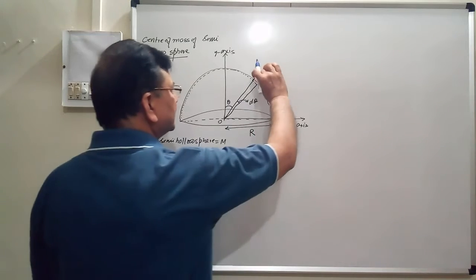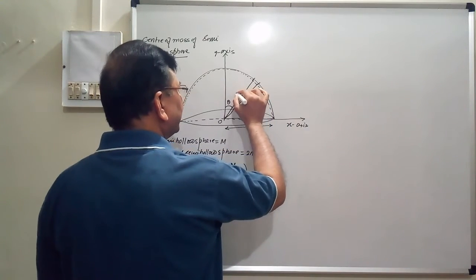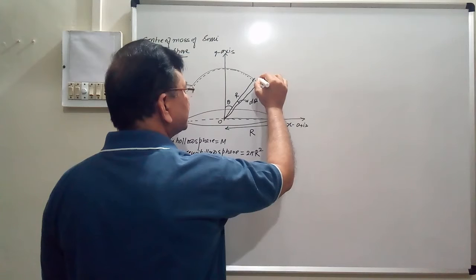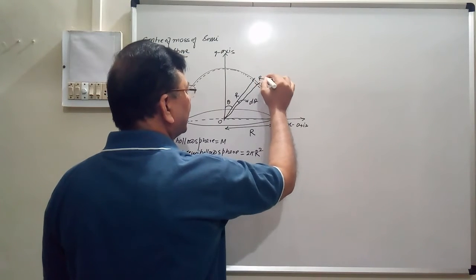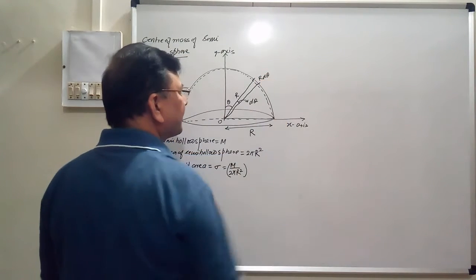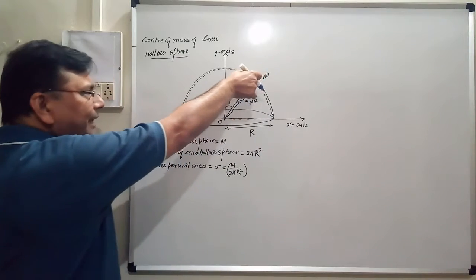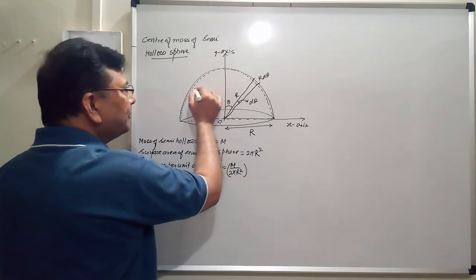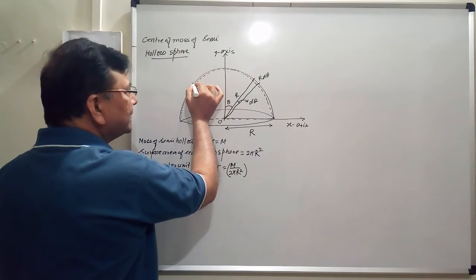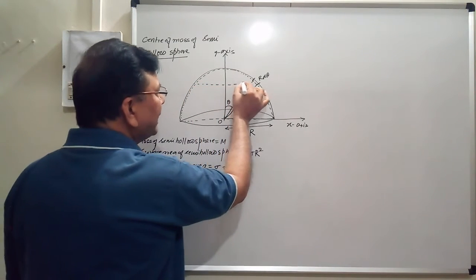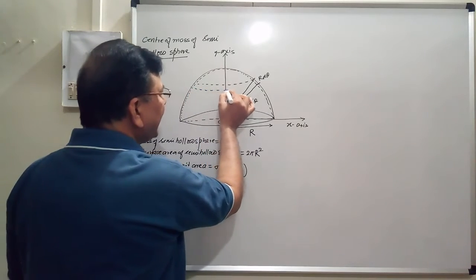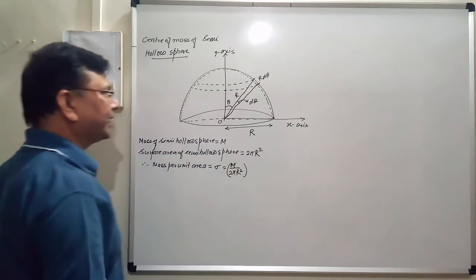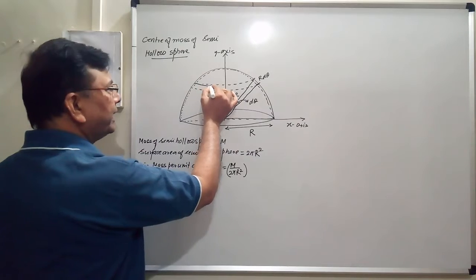So this is r, and this length is r d theta. It is the length of an arc we have considered, and if you form an area of this, I will generate a ring, right? One ring is made.